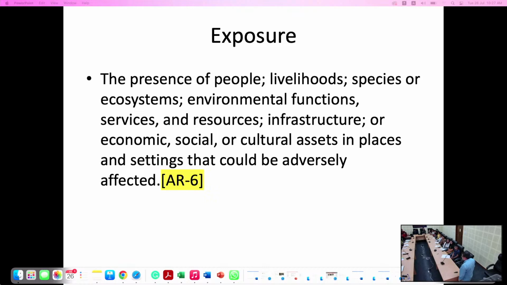So, if your residence is, how many of you are from Guwahati? Oh. What is the most and worst flood prone location of Guwahati? Have you heard of these infamous names called Anil Nagar and Navin Nagar?